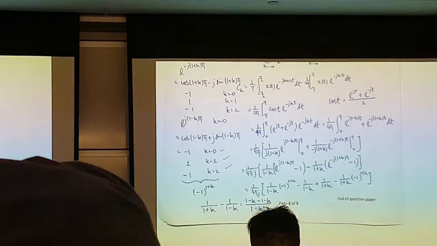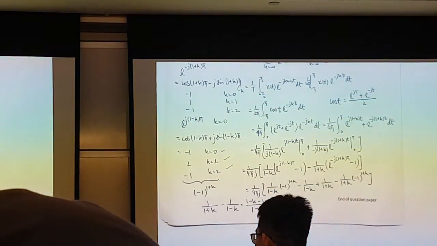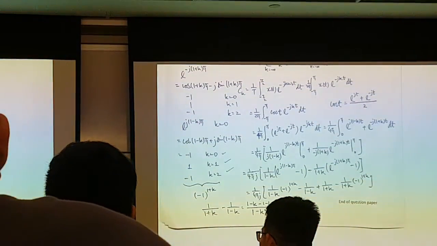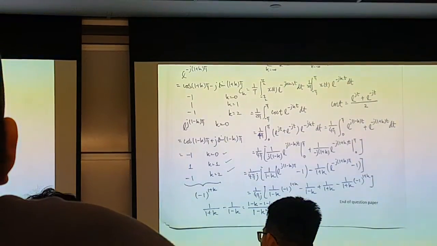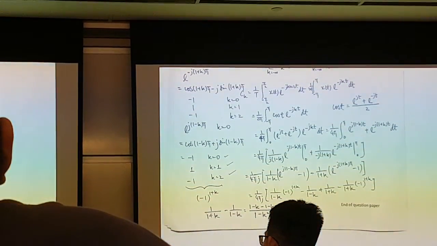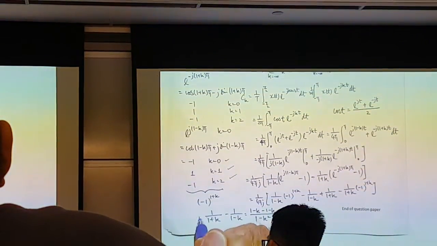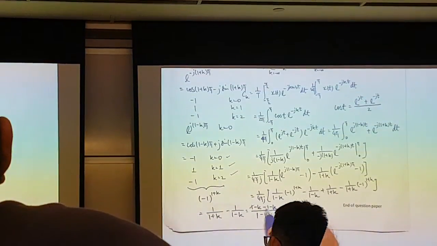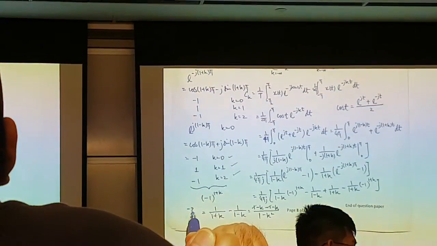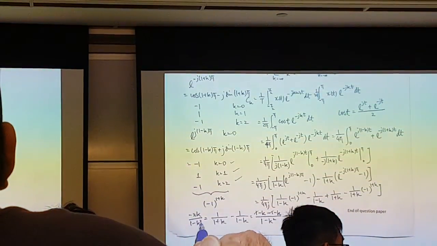So this is 1 minus k squared. And then what you have here is 1 minus k minus 1 plus k. So minus 1 plus k will give you minus 1 minus k. You can see that this term and this term cancel out. So you get minus 2k divided by 1 minus k squared.